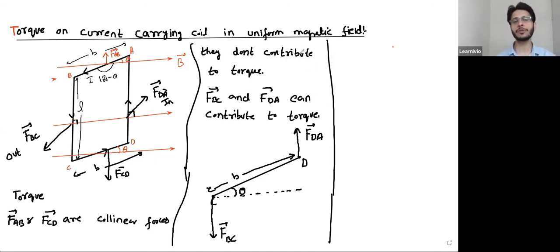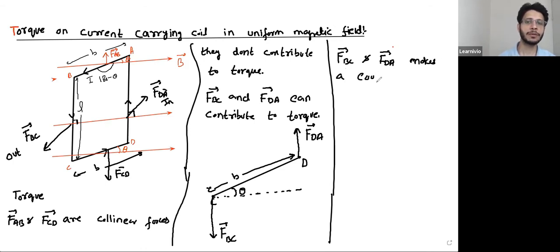Okay, just check from the previous calculation. Does FBC and FDA have equal magnitudes? So we can write this as FBC and FDA makes a couple.